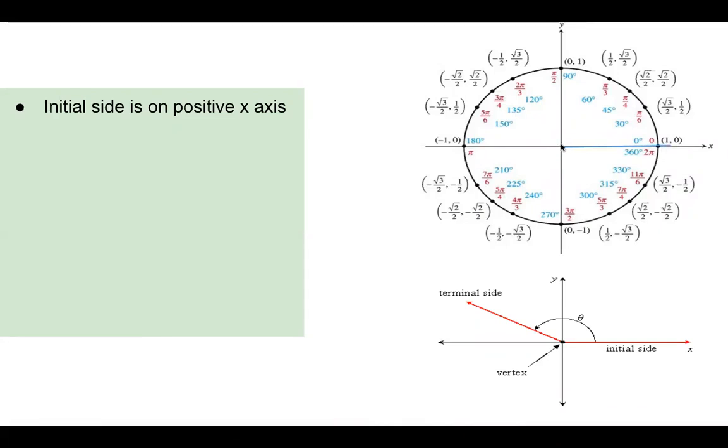Then I imagine that I lift up the terminal side to make a 30-degree angle. I'm going to lift it up to here. That is where the 30-degree point is. Boom. That is my terminal side. This is my initial side, and that's the 30-degree angle, which is equivalent to pi over 6 radians. That's how I would create the angles on a unit circle.